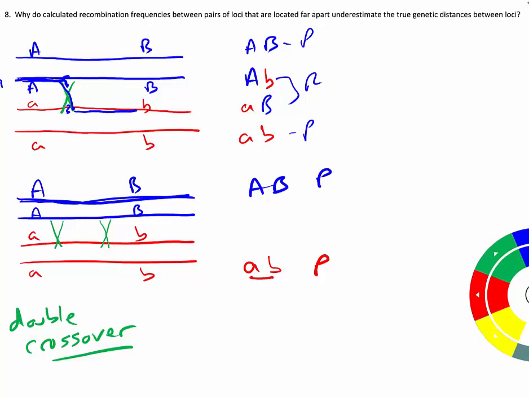But now what happens with this guy? So this guy, we get the big A, which should be blue. So we got this. Then we cross over. So if we drew the chromosome, we'd start out with some blue. Then we'd cross over, and we'd get some red.